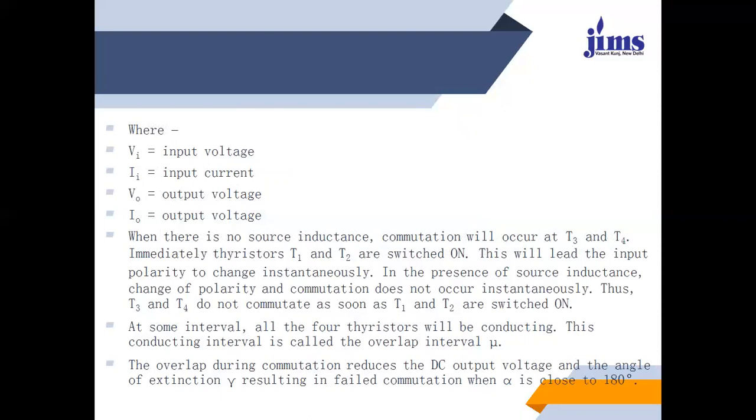This conducting interval is called the overlap interval, indicated by mu. The overlap during commutation reduces the DC output voltage and the angle of extinction gamma, resulting in commutation failure when alpha is close to 180 degrees.